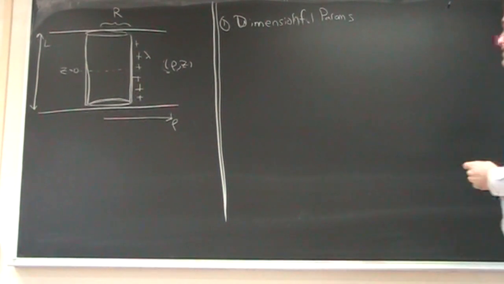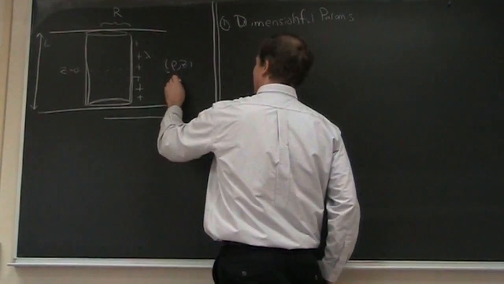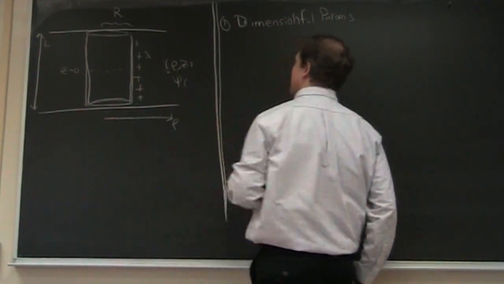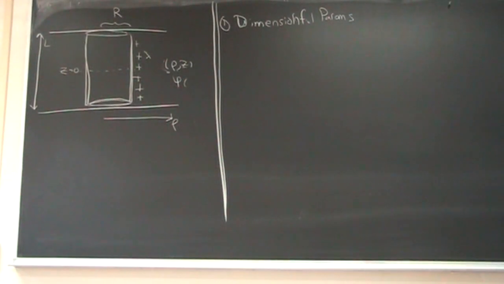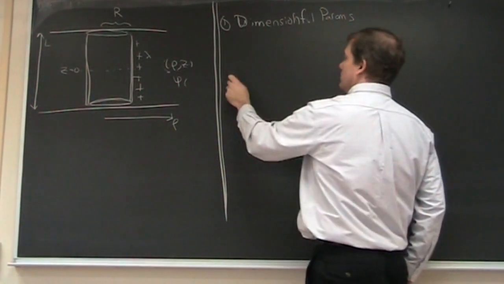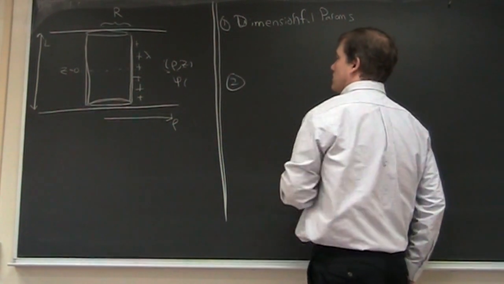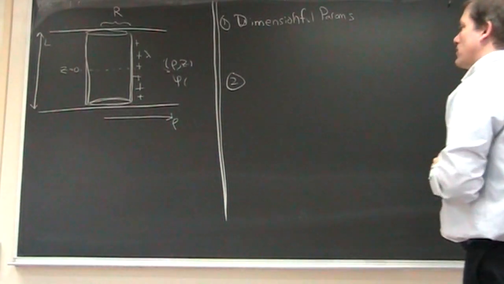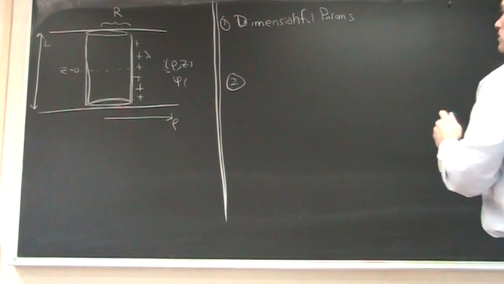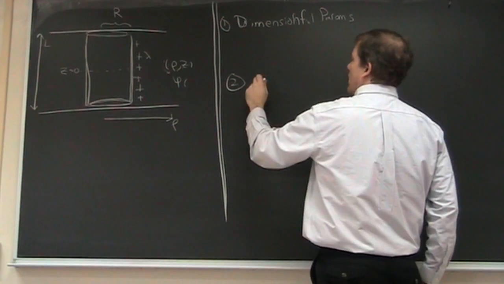In the problem, what we want to find is the potential at rho. We want to find the potential at this point. It's always a good idea to start there. Do it. And then after you've done that, start thinking about the relationship between those parameters. So ask what the boundary conditions are.